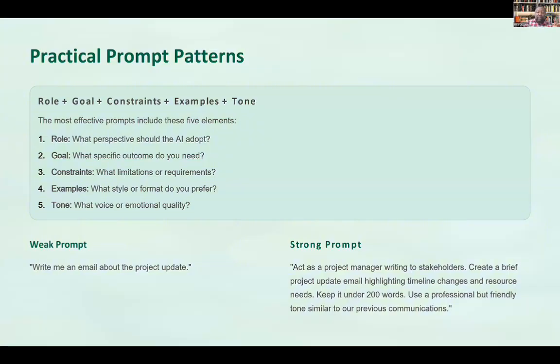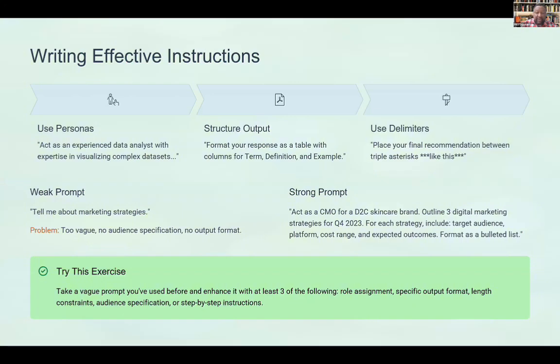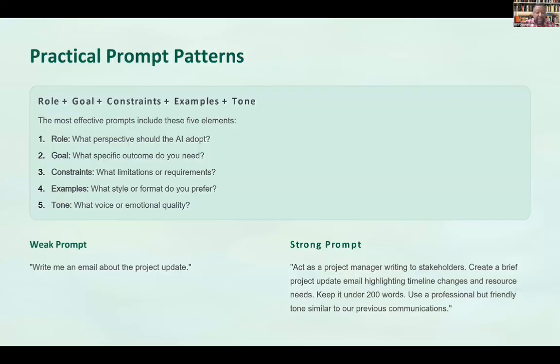Use a professional but friendly tone, similar to our previous communications. Now, I'm going to quit my sharing and I will reshare my AI screen again, and we will test with those two examples I just shared.